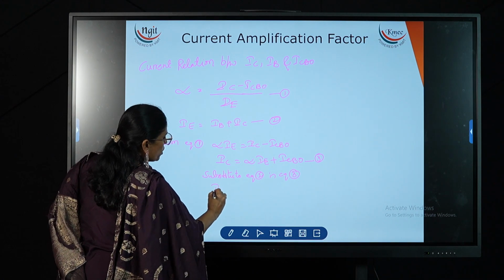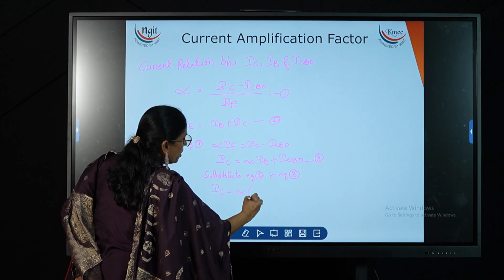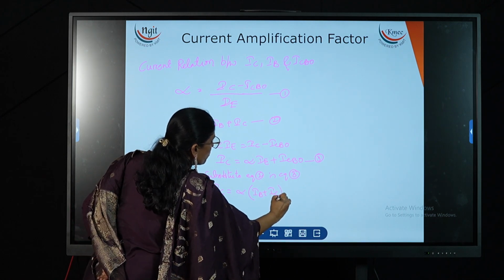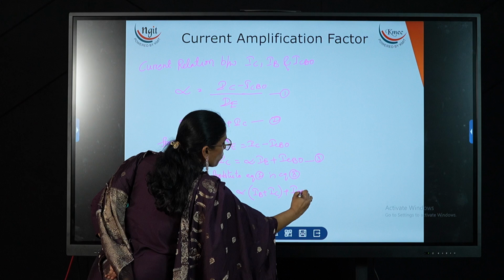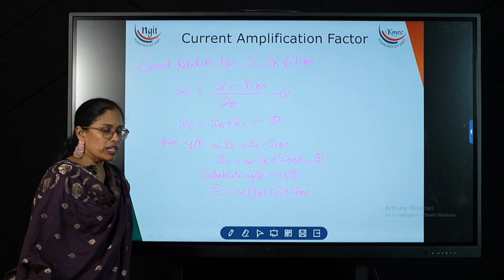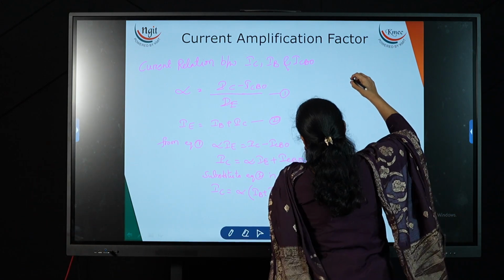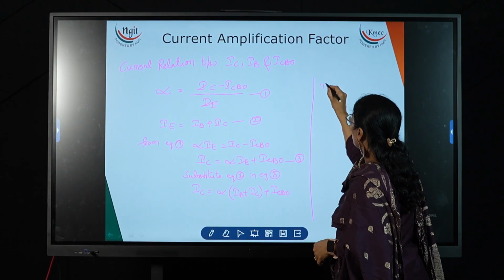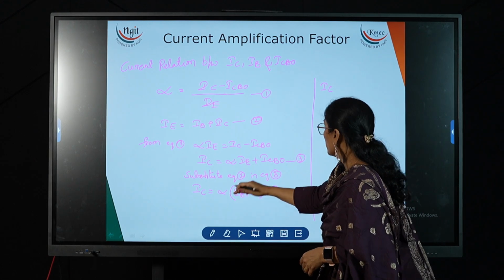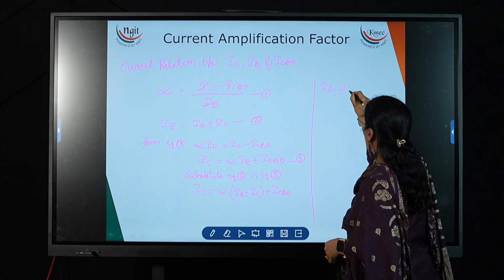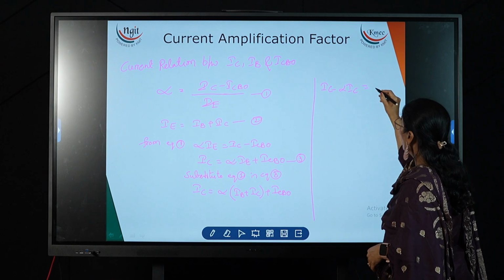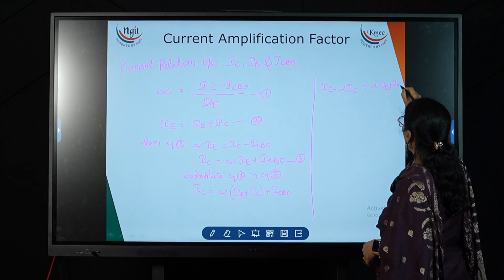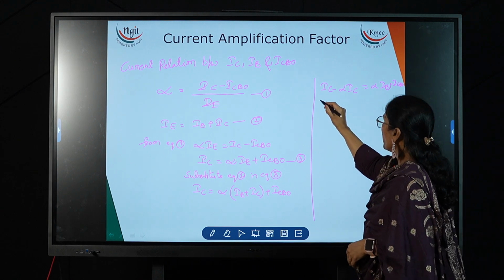Now IC is equal to alpha into IB plus IC, plus ICBO. Writing all the IC terms together, minus alpha IC moves to that side: IC minus alpha IC is equal to alpha IB plus ICBO.